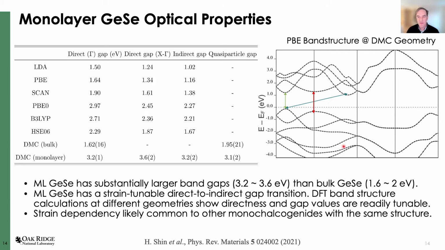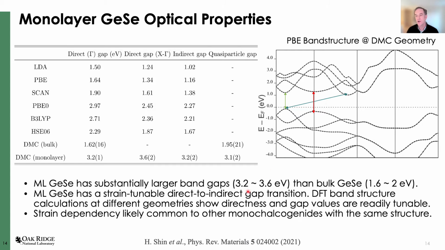The interesting thing about this material is that when we plot the band structure, so this is a PBE band structure, we know it's going to be too low compared to experiment, but it should still give us a good guide as to where the bands go. When we look at this, we see there's a number of possible direct transitions and also indirect transitions, and they are all fairly close to each other.